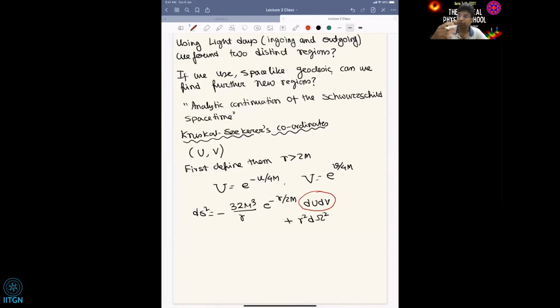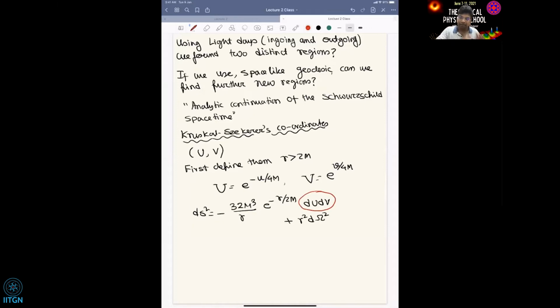So U and V are null coordinates. U equal to constant or V equal to constant lines are null lines. Generally, in x, y, z, t coordinates, x equal to constant or y equal to constant lines are space-like lines, whereas t lines are time-like, so you're moving along the t direction.